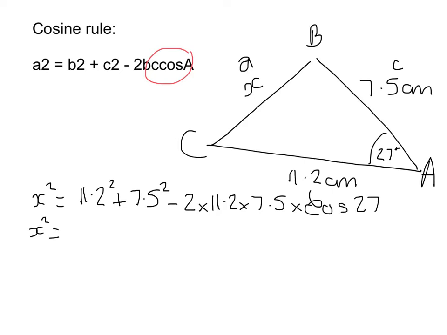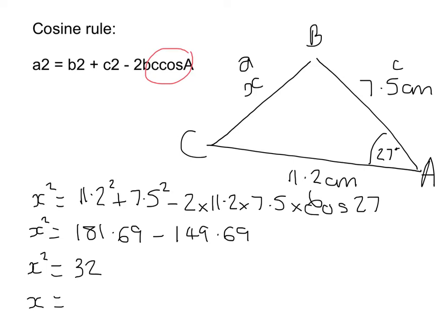Now that means that x squared is equal to 11.2 squared plus 7.5 squared, which is 181.69, take away 2 times 11.2 times 7.5 times cos 27, which gives me 149.69 to 2 decimal places, which means that x squared is equal to 32, which means that x, because I need to square root it, is 5.66 to 2 decimal places. And not forgetting my units, that's 5.66 centimetres.